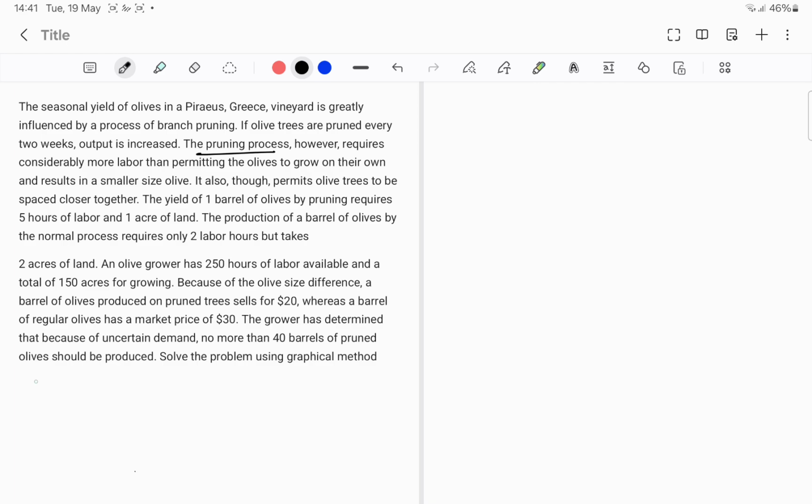So to start the problem, let's start with assuming let number of pruned, just make it short, number of pruned x and number of regular y.